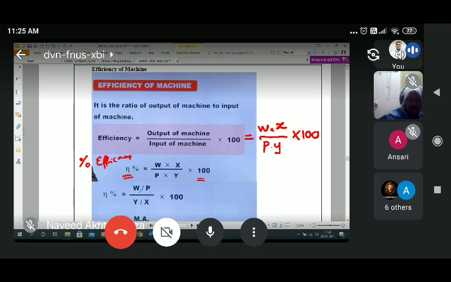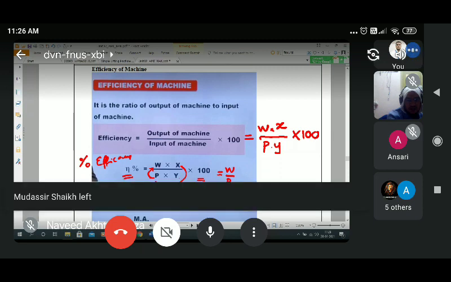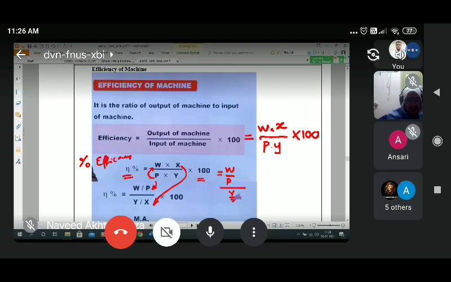Further we can write W upon P, and this X will come down, so we write Y upon X. This P will come up, denoted by W upon P, and X will come down, written as Y upon X. So you can write it like this also: W upon P, upon Y upon X. X will come on the lower side.